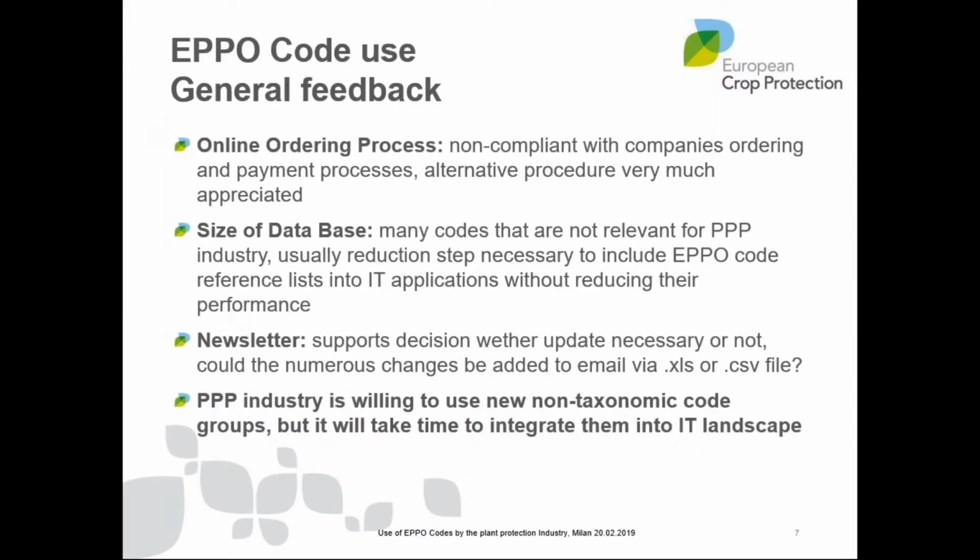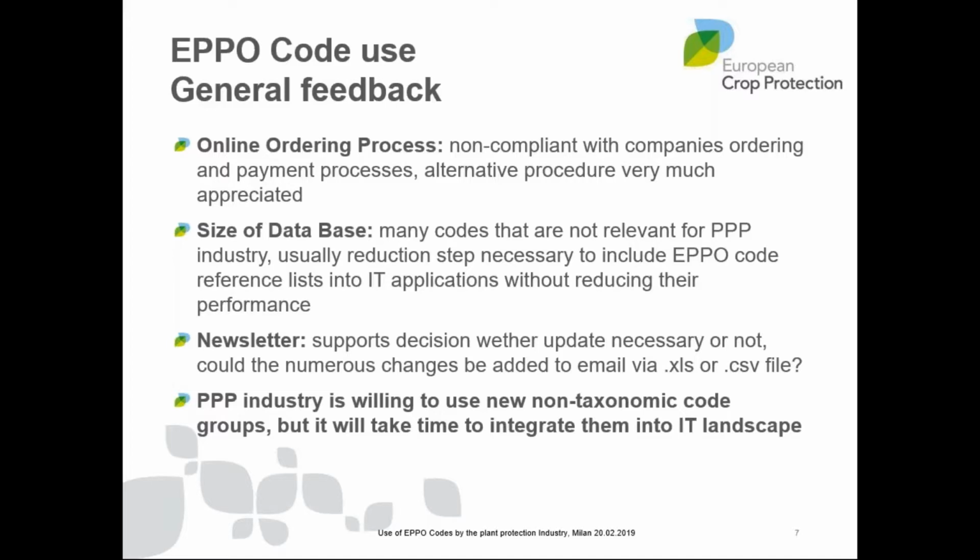So some more general feedback. The ordering process for new codes, especially taxonomic codes, was described, and I think it's described well. One problem with big companies like Bayer and BASF is that ordering something via credit card, paying in advance for something you do not really get delivered physically, is something the procurement people don't understand.